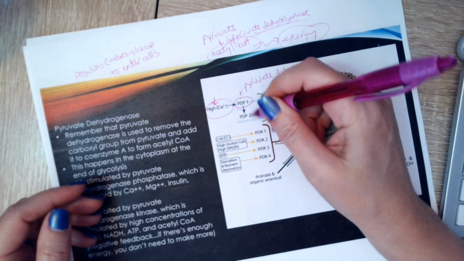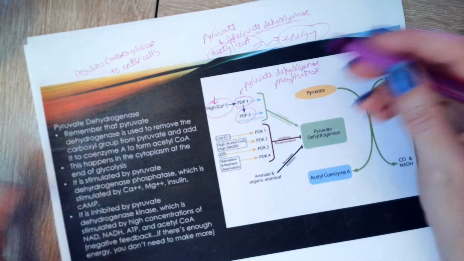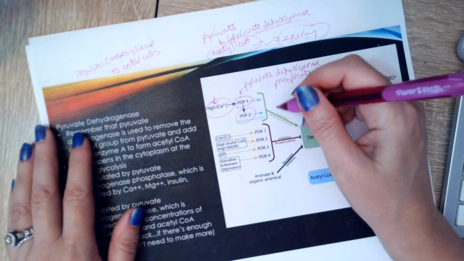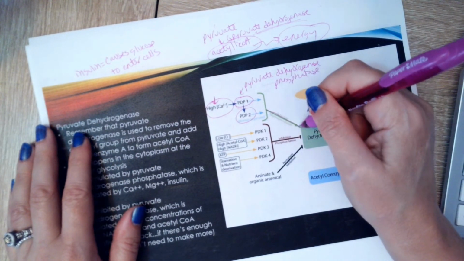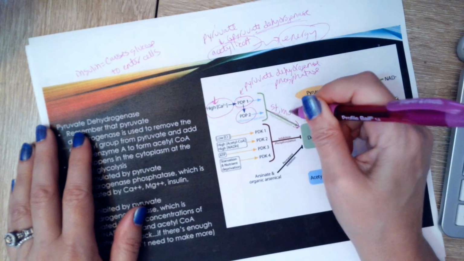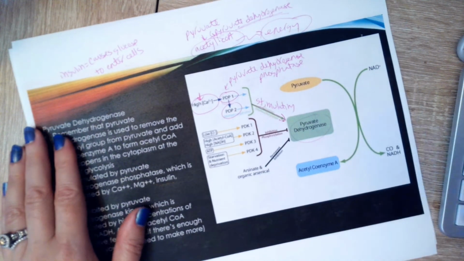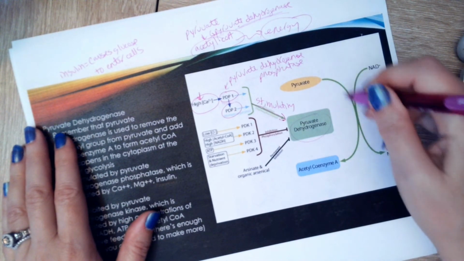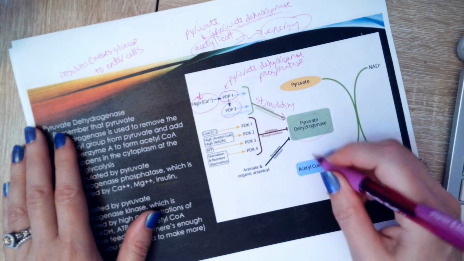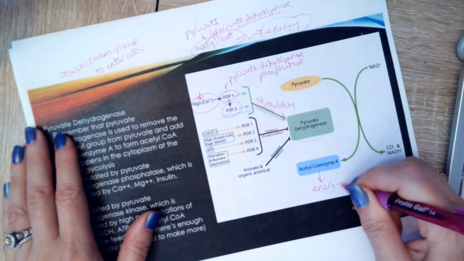There are two forms of PDP. Just think of them together. They are activating or stimulating our pyruvate dehydrogenase, which will take our pyruvate, turn it into acetyl-CoA, and then we can get energy out of that.